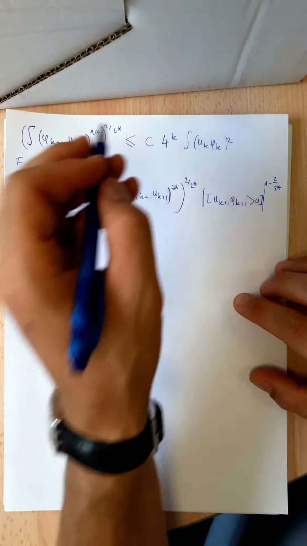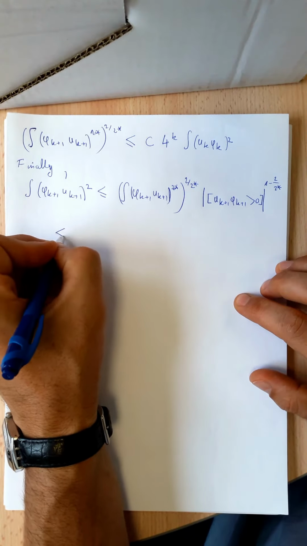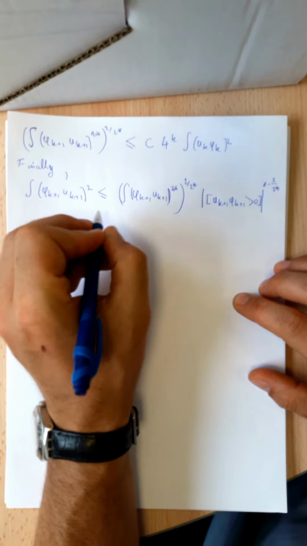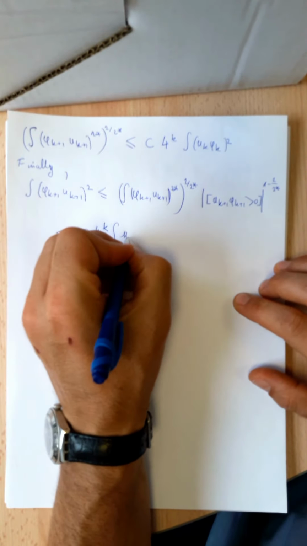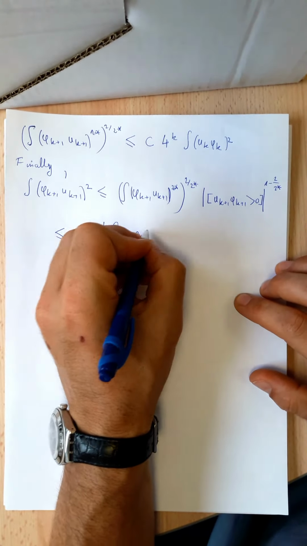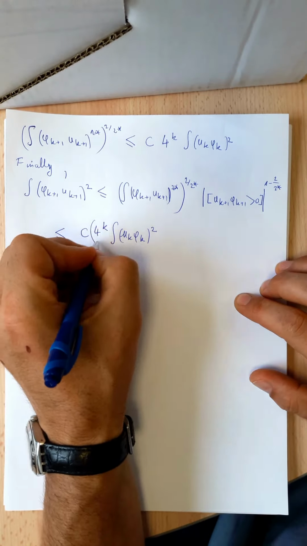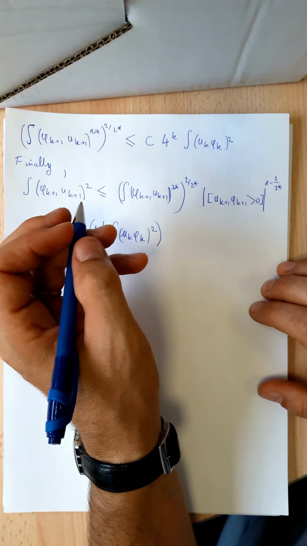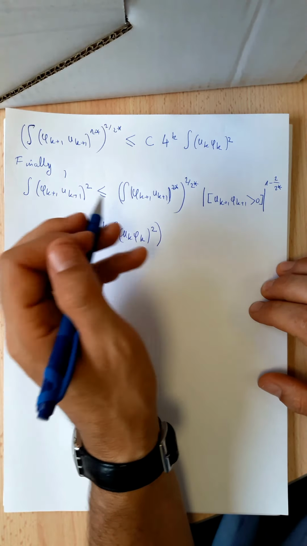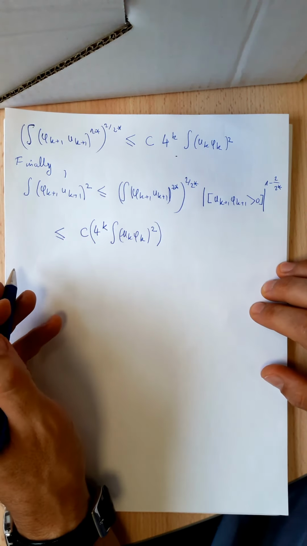Okay, this is the quantity that we've just bounded above, so let me write it again. C times 4 to the k the integral of u k phi k squared, and this quantity is to the power 1, because we had a 2 over 2 star.